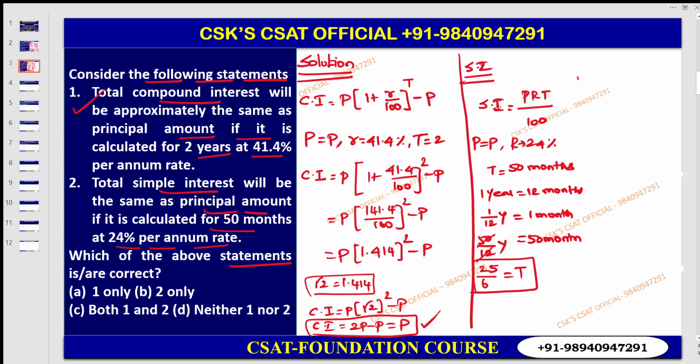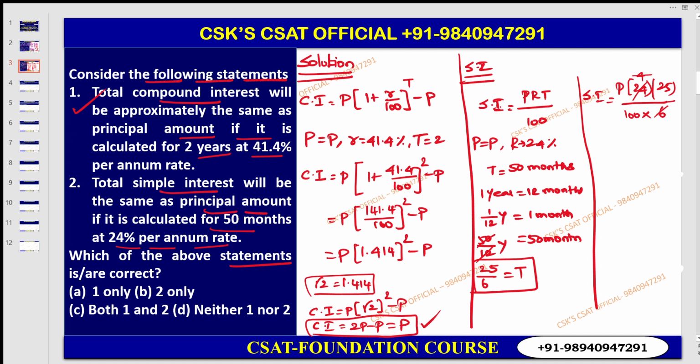Now you can substitute in the formula. So SI is equal to P times R, and R here is nothing but 24. The time duration here is nothing but 25 by 6. The denominator gets multiplied in the denominator itself, so here 6, here 100. This is nothing but a 4.